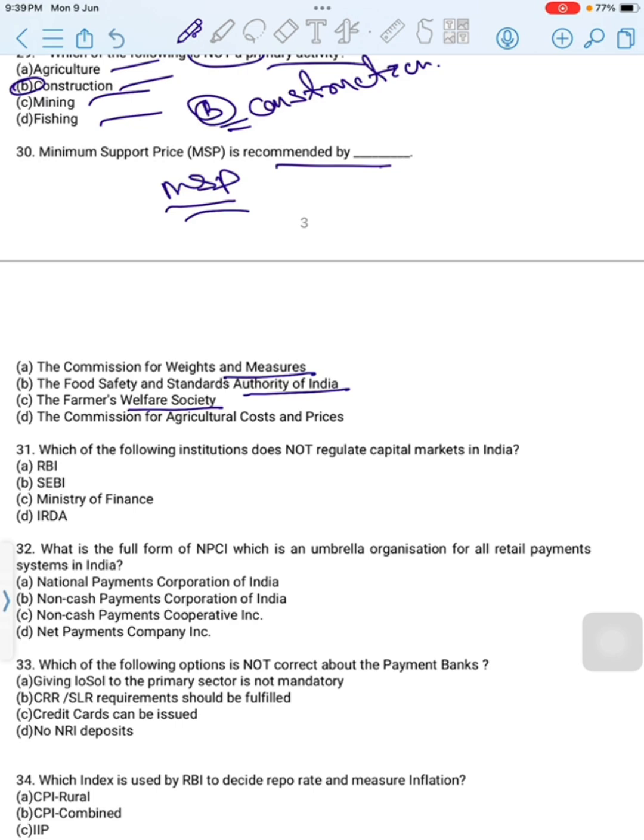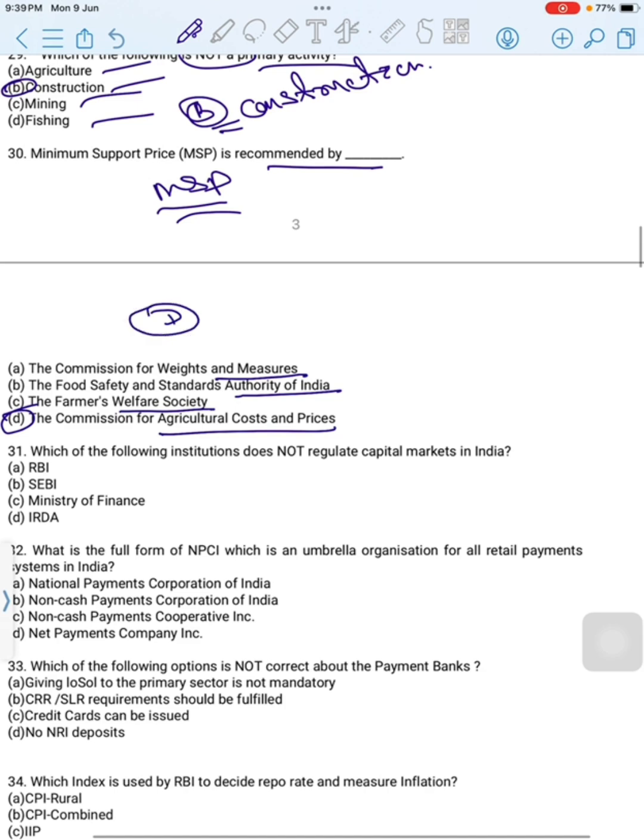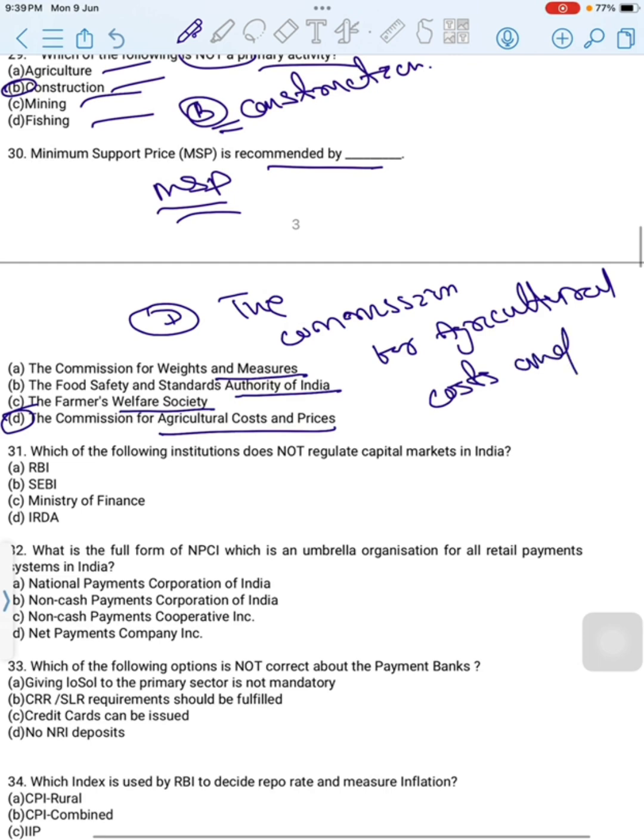Last option is the Commission for Agricultural Costs and Prices. Then the correct option is option D, the Commission for Agricultural Costs and Prices. Minimum support price is recommended by the Commission for Agricultural Costs and Prices. Then move to the next question.